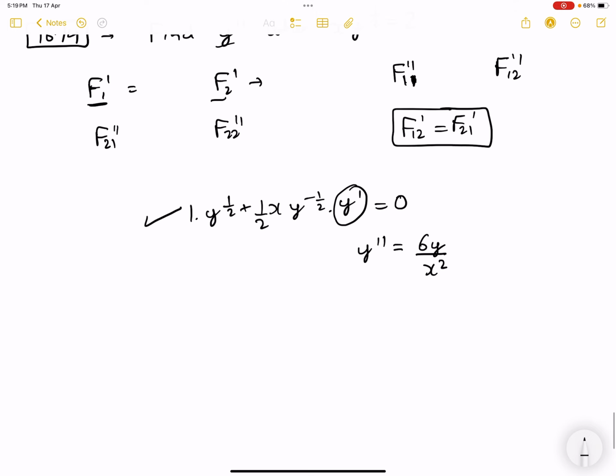Okay, try solving this. In the meanwhile, I'll write some points.